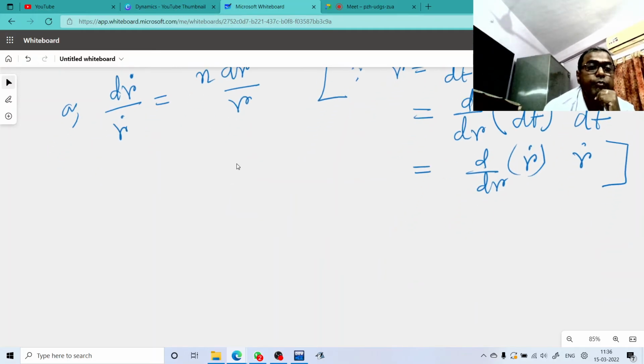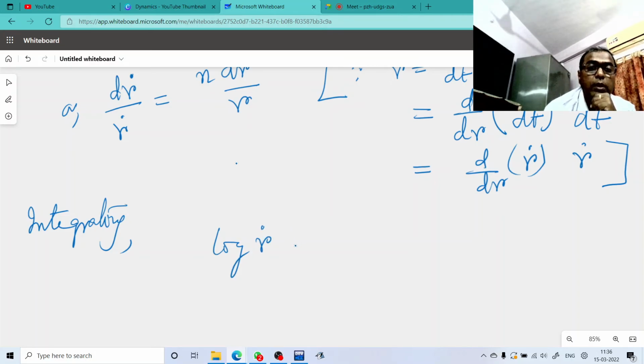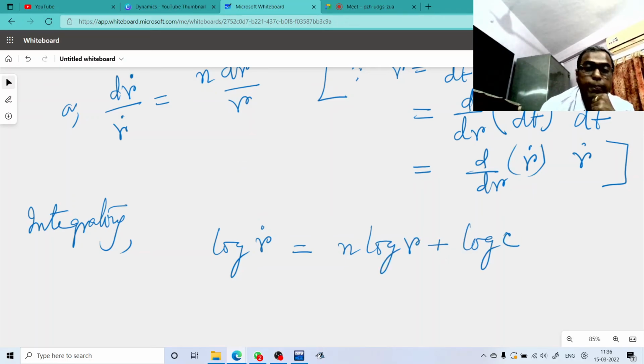Integrating this, log of r dot equals n into log r plus log c, c is a constant of integration.